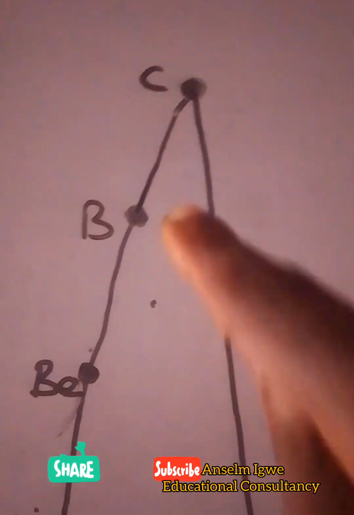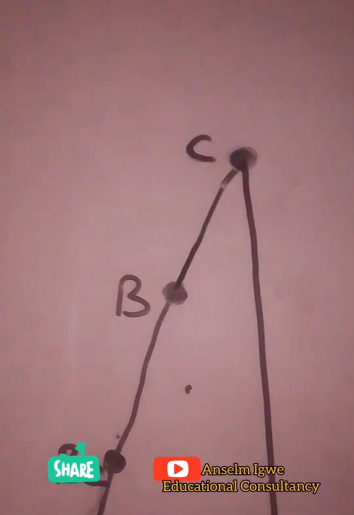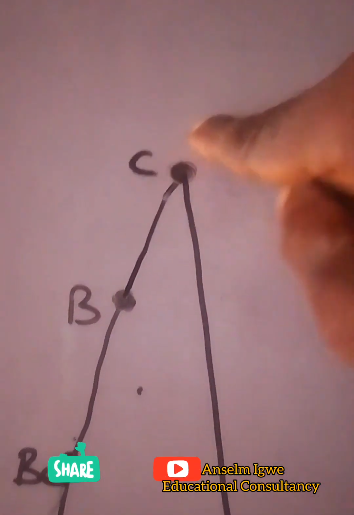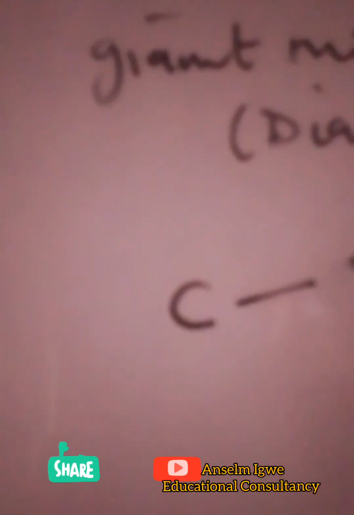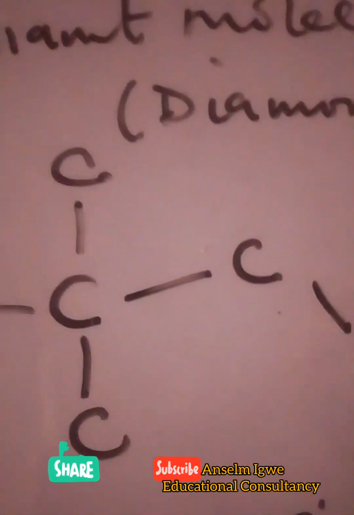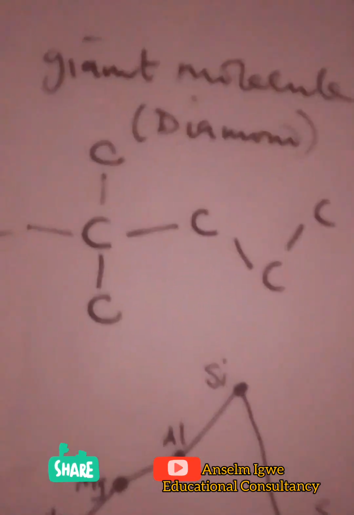Now, why do we have carbon being highest, irrespective of the fact that carbon is a non-metal? The structure of carbon is different. Carbon builds what is called a giant structure, a giant molecule, called diamond. In all, carbon exists as a carbon atom bonding to 4 different carbon atoms, and each of them bonding to 4 different carbon atoms to form a very giant molecule with many covalent bonds.